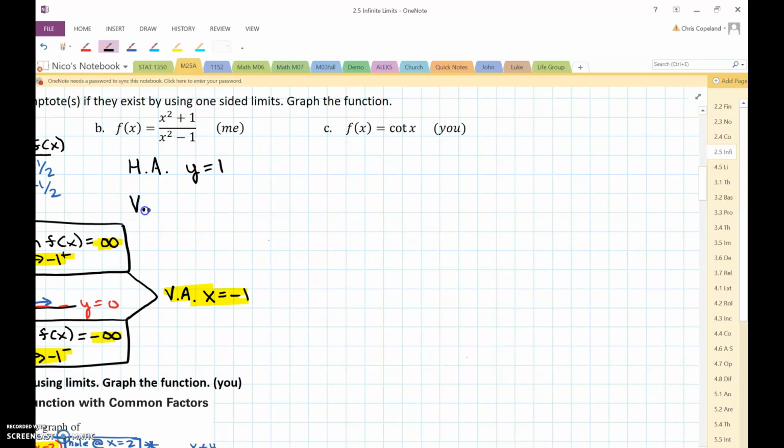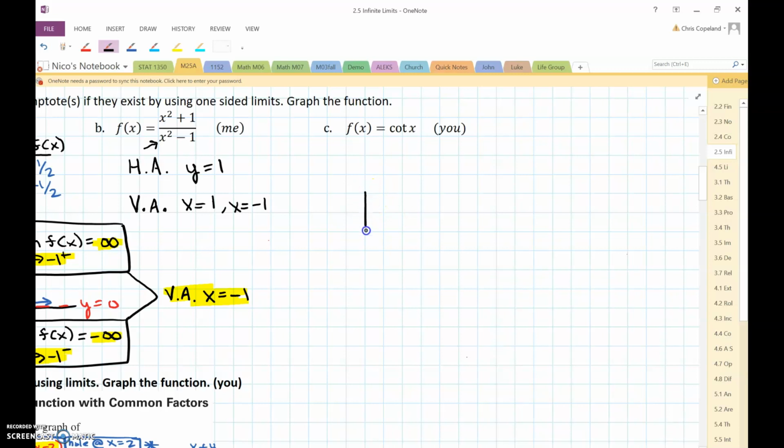Let's look at the vertical asymptote. What can I plug in here that would make the denominator equal to 0? Well, when x is equal to 1, or when x is equal to negative 1.